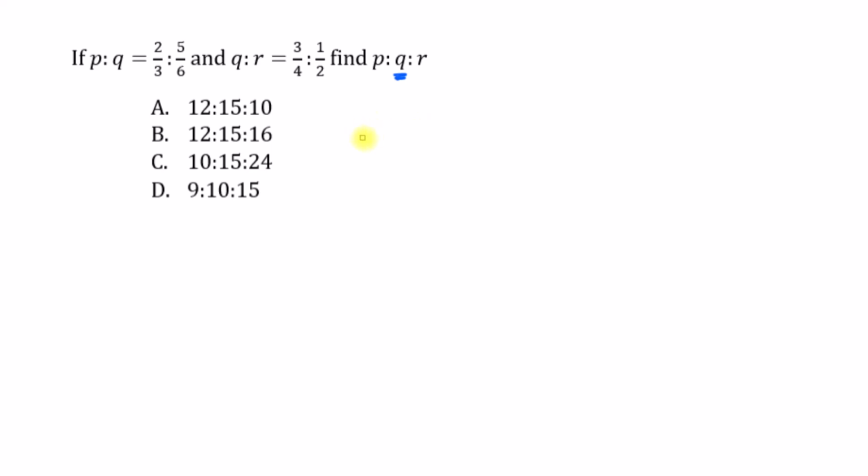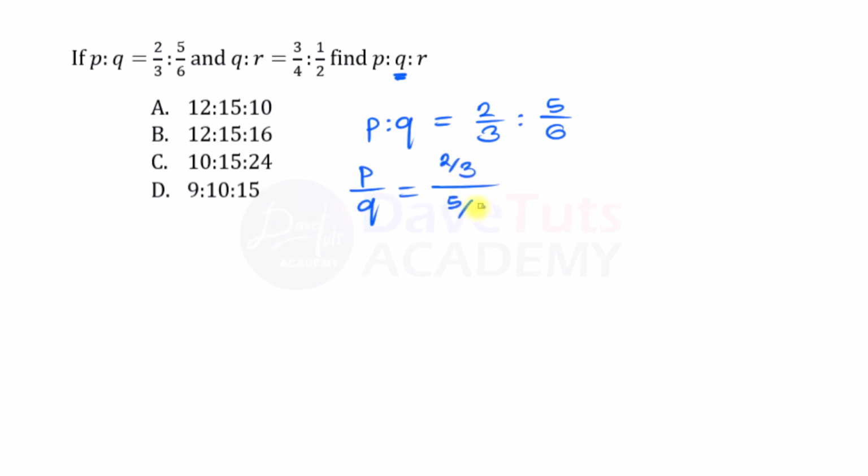Okay, so when I have P ratio Q as 2 over 3 ratio 5 over 6, I can take that as P over Q is 2 over 3 divided by 5 over 6. If I cross multiply this, I can just have 5 over 6 P is the same as 2 over 3 Q. But remember, I'm saying Q is my point of interest here.